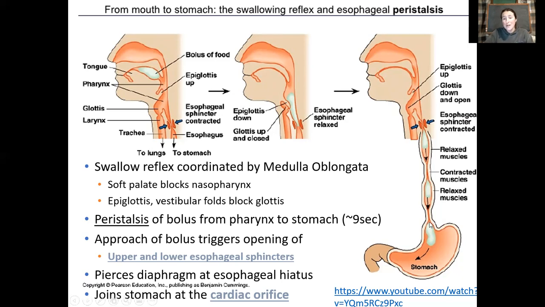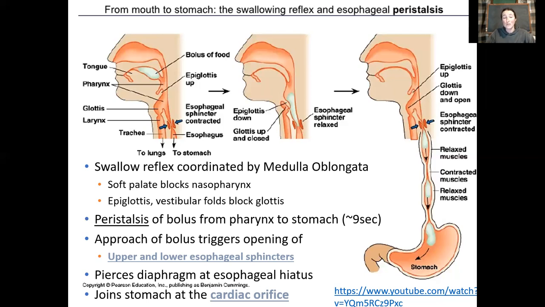Again, we have another sphincter down here at the opening into the stomach. So the lower esophageal sphincter. You might have seen commercials that are advertising acid reflux medications, and they often talk about the lower esophageal sphincter because this muscle is not always contracted. Essentially, stomach acid and all of the other goodies in your stomach can creep back up your esophagus and can, of course, agitate those delicate mucosal tissues.